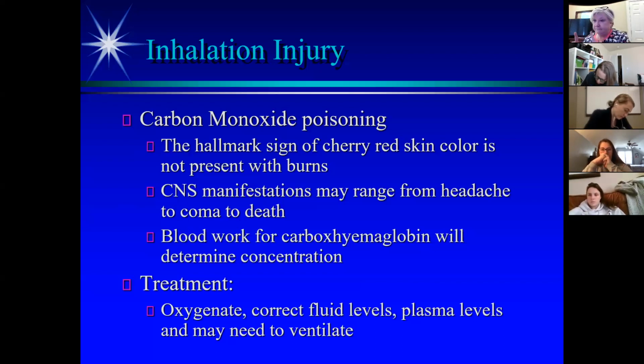However, that is not the first sign. It's the one everyone knows, but it's not the first sign. The first sign is central nervous system involvement. And it can be anywhere from a headache to double vision, to confusion, to seizures, to death.